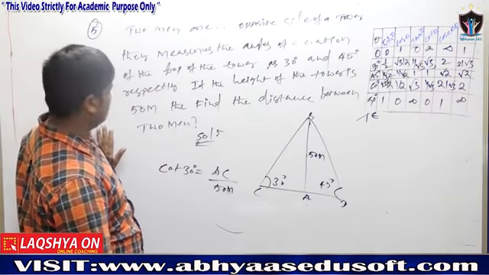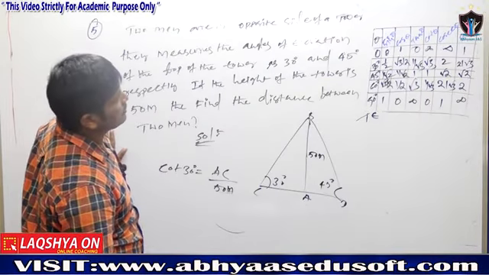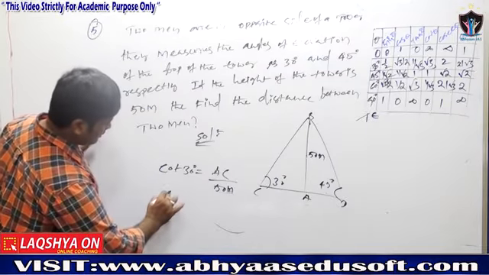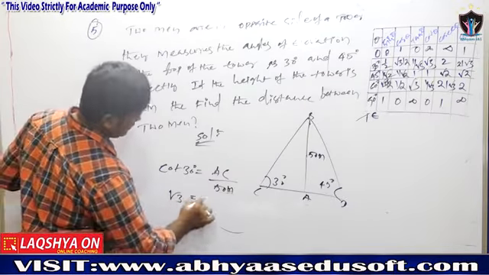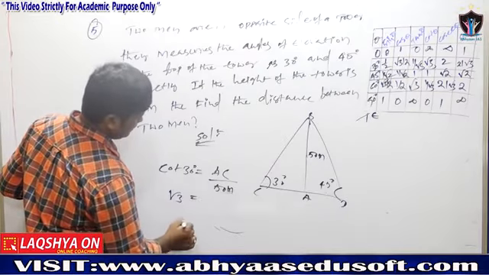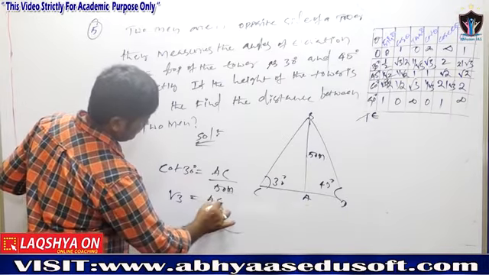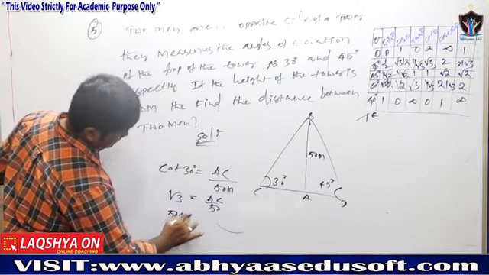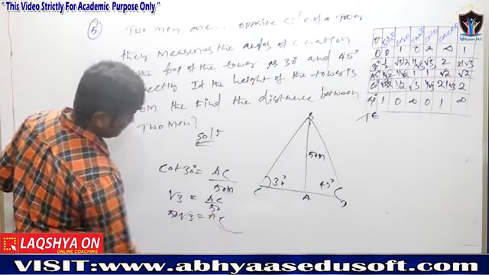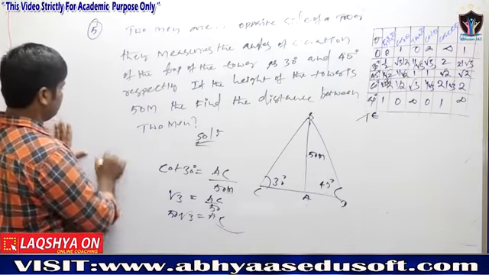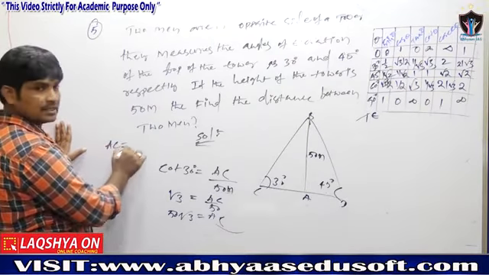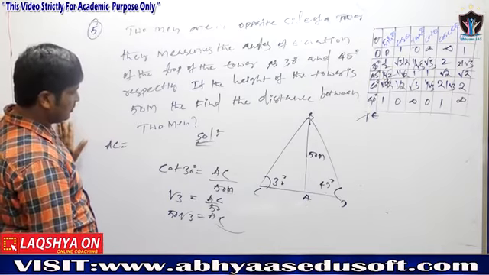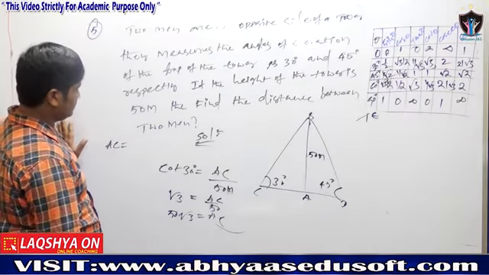So cot 30 is root 3, so root 3 is equal to AC by 50. So 50 root 3 is equal to AC. AC is equal to 50 root 3, 1.732.